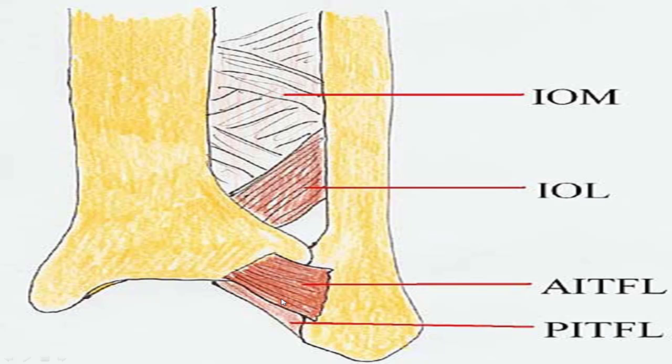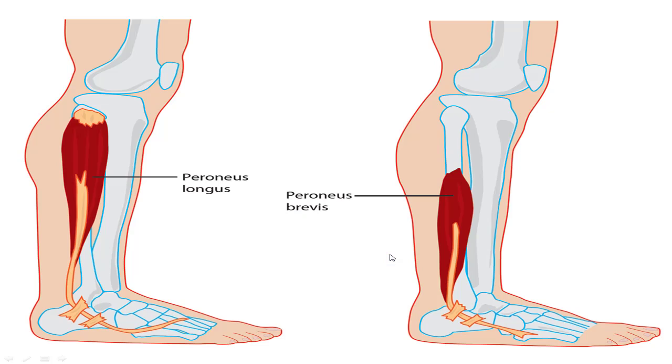And as I mentioned, with high ankle sprains, the inferior talofibular ligament that holds the tibia and fibula together can be sprained if these two bones are brought apart in a severe sprain.